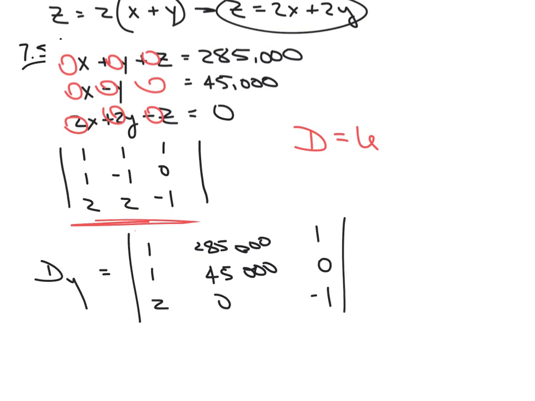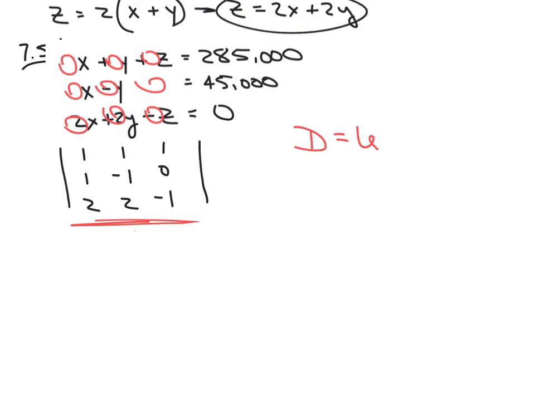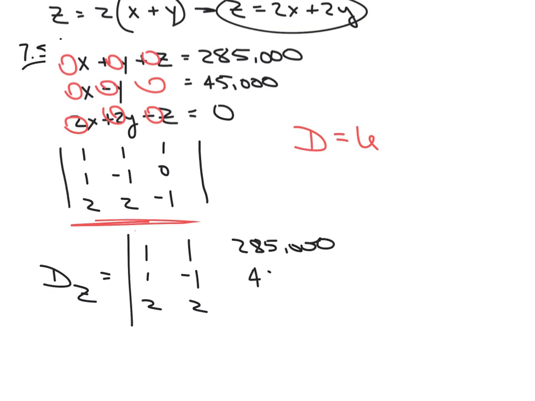Okay, so that's my D of y. All right, and then finally my D of z will be, my x column stays good, my y column stays good, and my z column has these numbers. Like that. Okay?